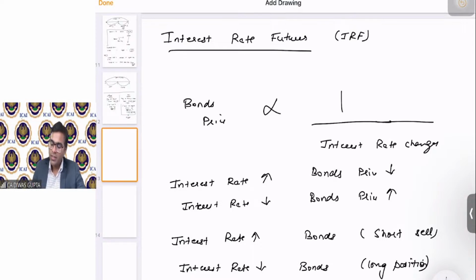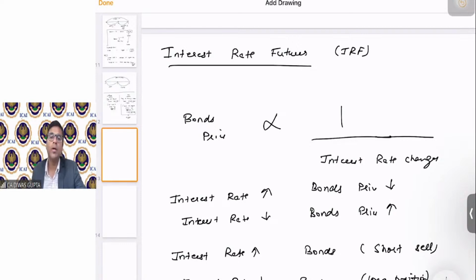Okay, students. So this is how we do the bonds short selling or long position to help achieve the interest rate risk management. We will understand it through the help of one question.